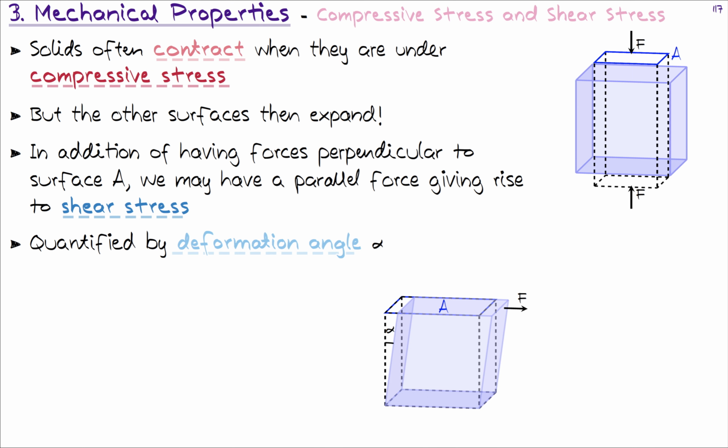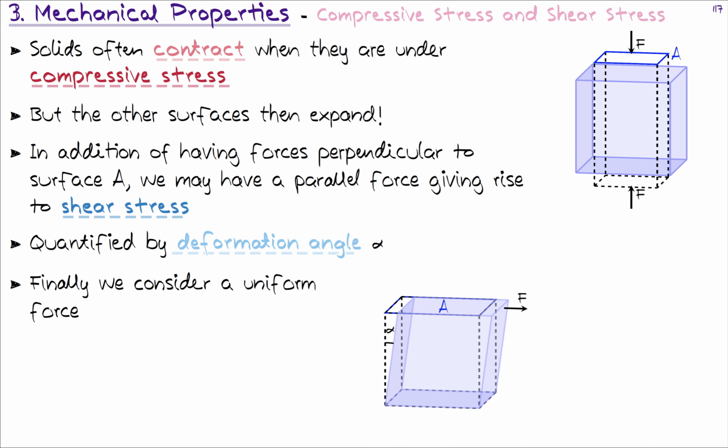This is also quantified by how much we deform the material. Instead of strain, we often use a deformation angle alpha as a way to tell how much the solid is being deformed due to the application of shear stress.